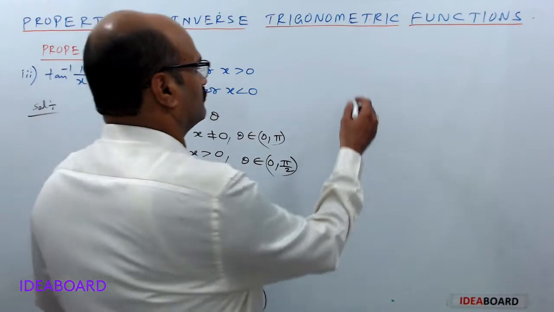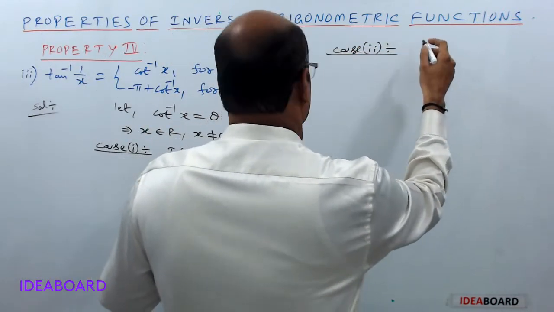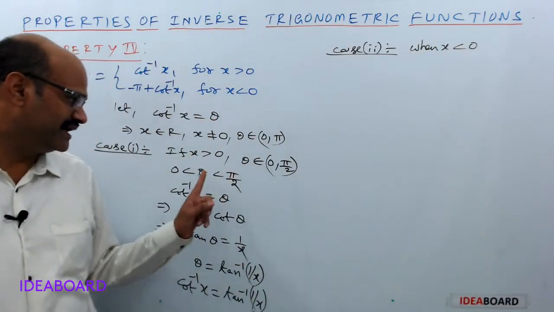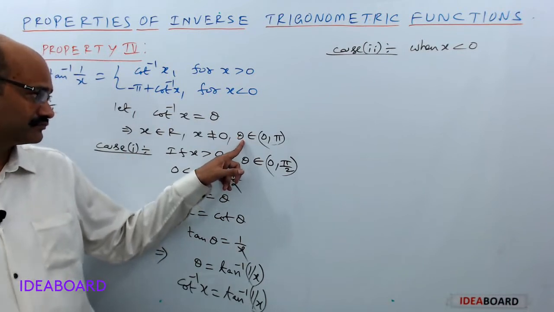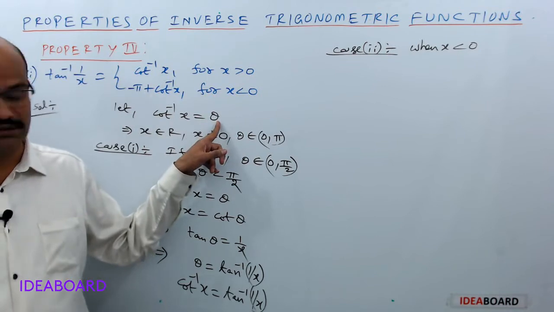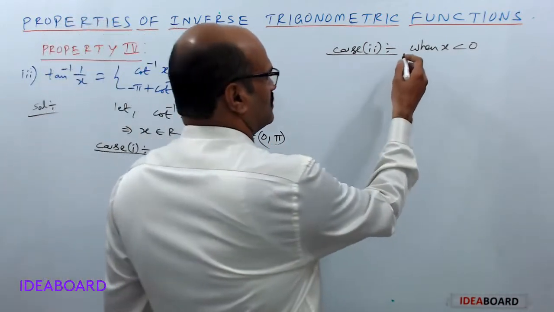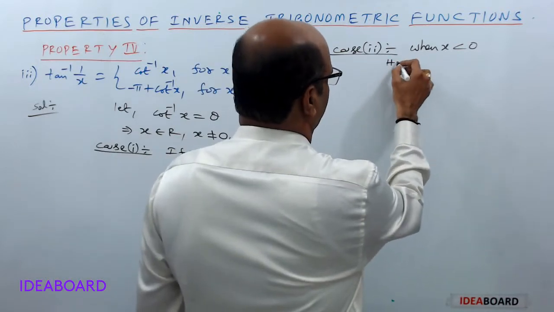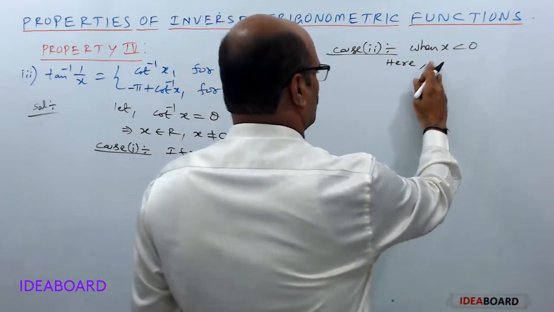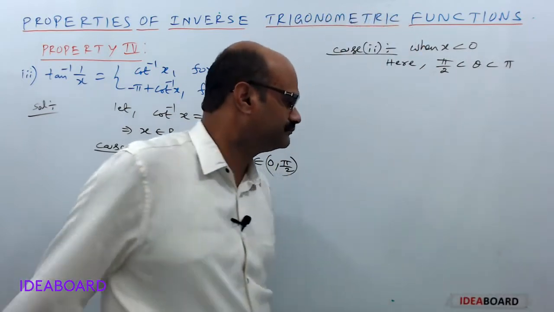Now, case 2. When x less than 0, then x equals cot theta. So theta belongs to pi by 2 to pi. In this case, pi by 2 less than theta less than pi.